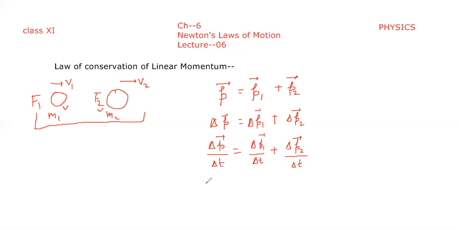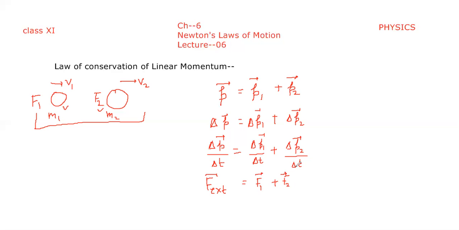Okay, so delta P upon delta t is what? F external. Delta P1 upon delta t is what? F1, and delta P2 upon delta t is what? F2. So F external equals F1 plus F2.